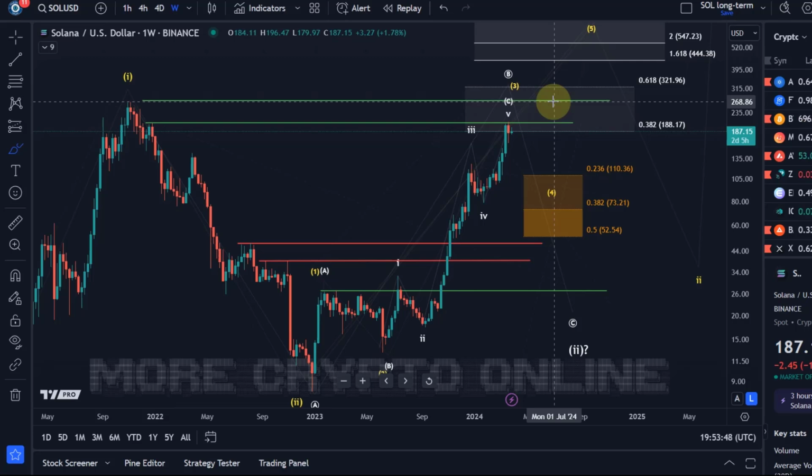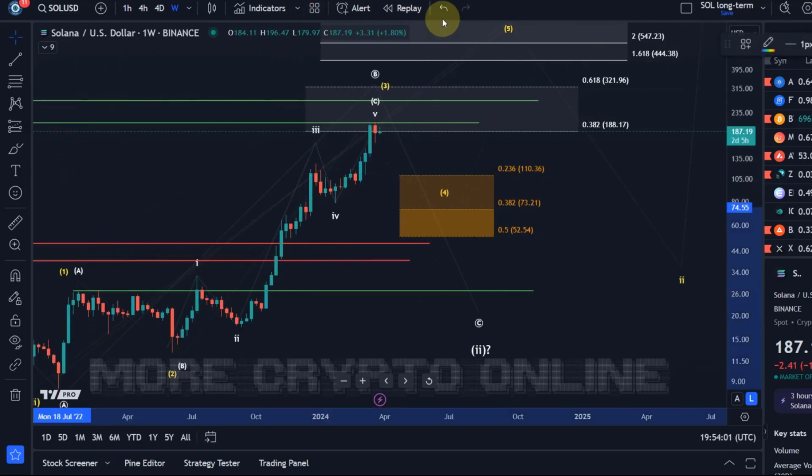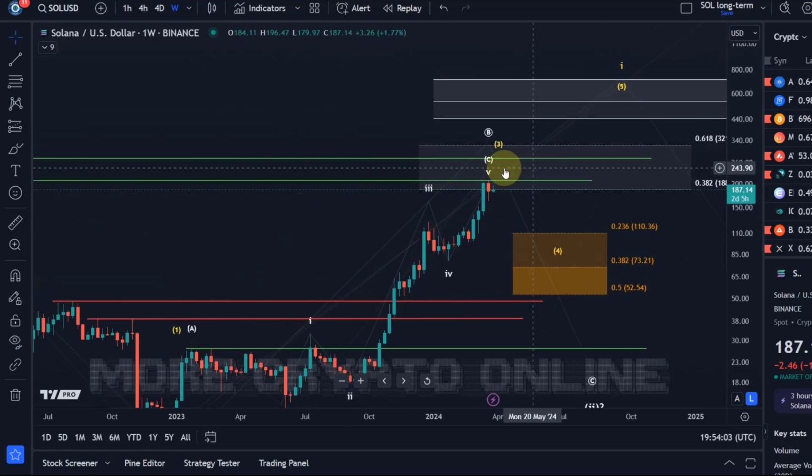So around $270, $280. Actually, it's 270. If we break above this level here, the green line, the price could fairly quickly escalate to the next one. And that is the high $200 region. And that would be very much in line with my next target on the smaller time frame as well.